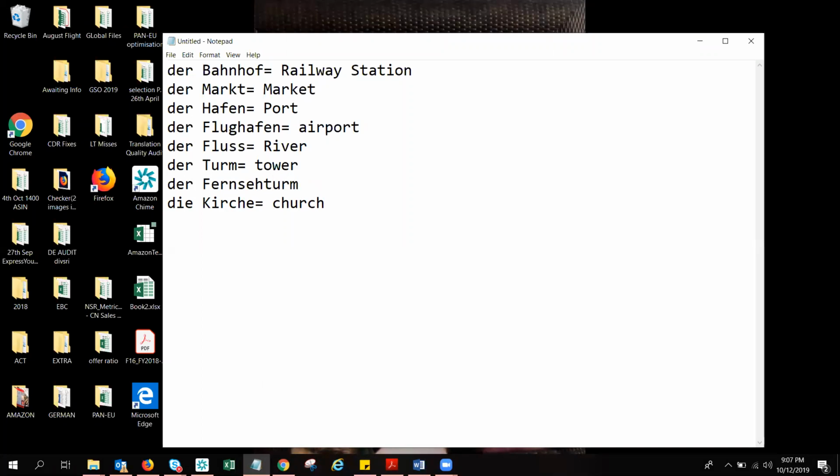So Fernseher is TV, and Fernsehturm is TV tower. Only this could help you to remember. If you have learned Turm, there is no need to remember the article of Fernsehturm. If there is any word which you have learned and it is used at the end of any other word, the article will be the same as that of the last word.